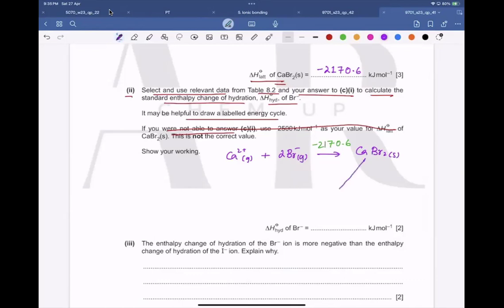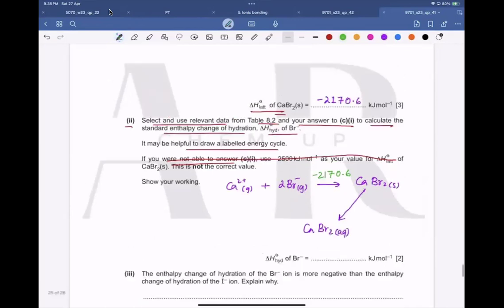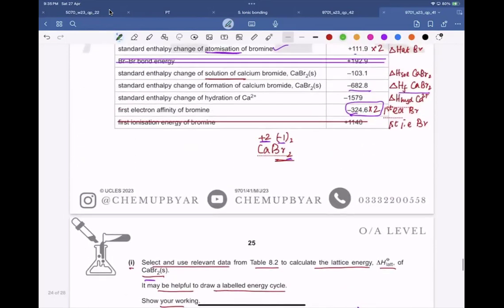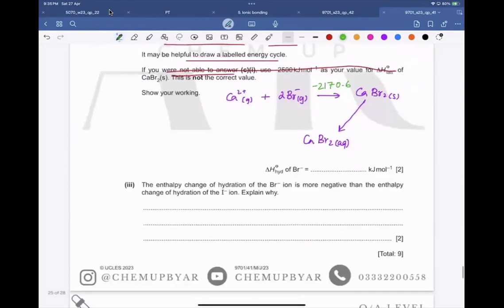Now, when this solid dissolves in water, we get aqueous calcium bromide. So that is going to be enthalpy change of solution, and they have given us the enthalpy change of solution of calcium bromide, which is minus 682.8. Is this clear? Okay.